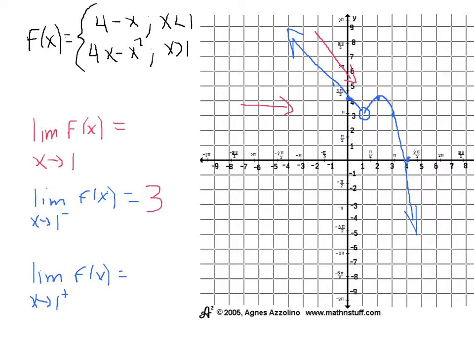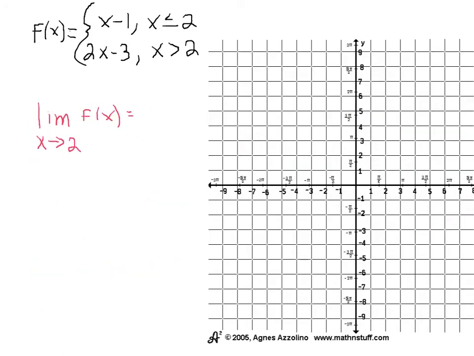As I'm approaching from the right, I'm now following this parabolic shape, and as my x's are approaching 1, my y values again are approaching the value of 3, which tells us that the limit of f of x does exist and that limit is equal to 3 because we had 3 in both cases. If those numbers would have turned out to be different values, then we would say that the limit does not exist.